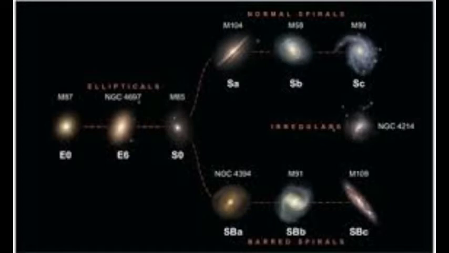His original classification of galaxy types was published in 1936 in a book called The Realm of Nebulae. Since then, several people have suggested modifications and additions to his original scheme, but the basic idea of his classification remains as it is.